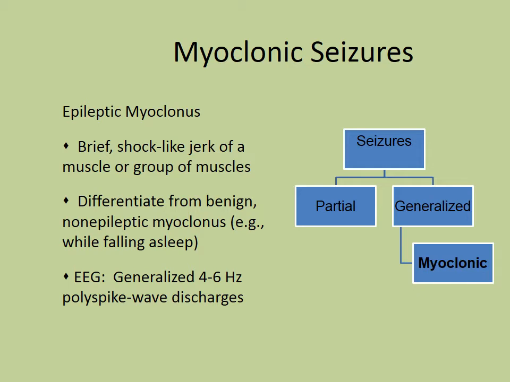Pathologic myoclonus can result from epileptic or non-epileptic causes. Epileptic myoclonus usually causes bilateral synchronous jerks, and they most often affect the neck, shoulders, upper arms, body, and upper legs. Consciousness does not usually seem to be impaired, although it's really difficult to verify because the duration can be less than a second.